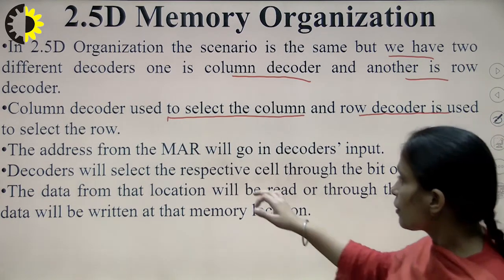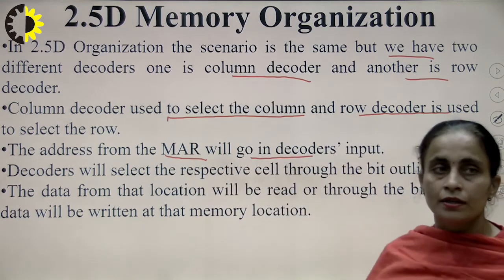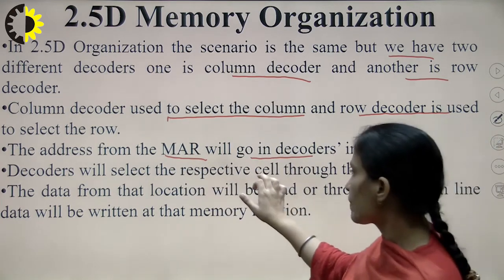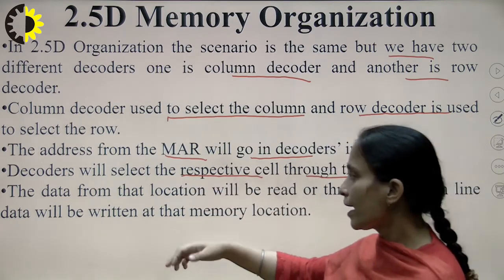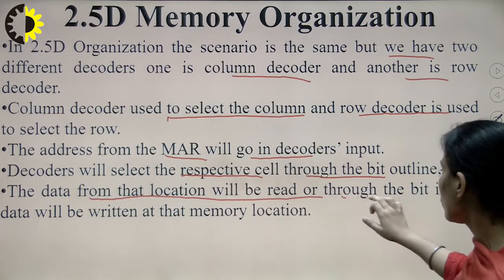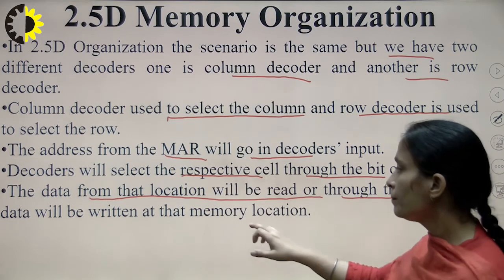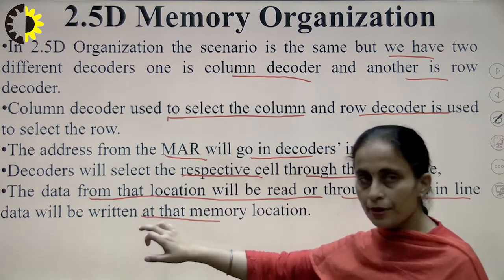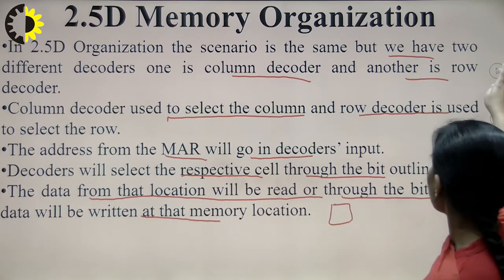The address from the MAR goes into the decoders' inputs. The decoders will select the respective cell, and the data from that location will be read, or through the bit-in line the data will perform a write operation on that corresponding memory location, a particular cell I am talking about here.